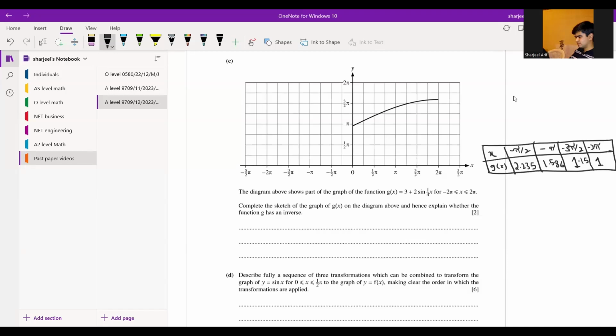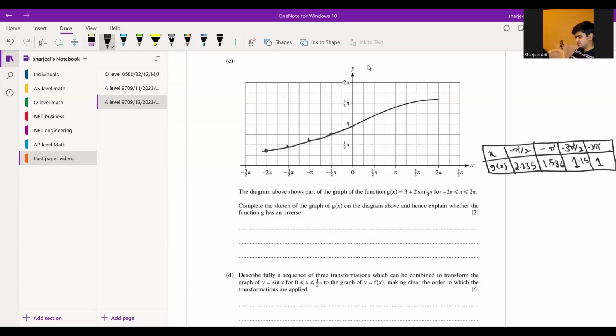Minus 2 pi equal to 1. This will become around here. 1.5 and 2.235. We will plot the values here. So this will be the graph.